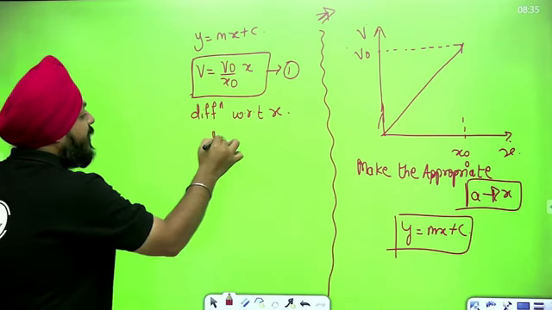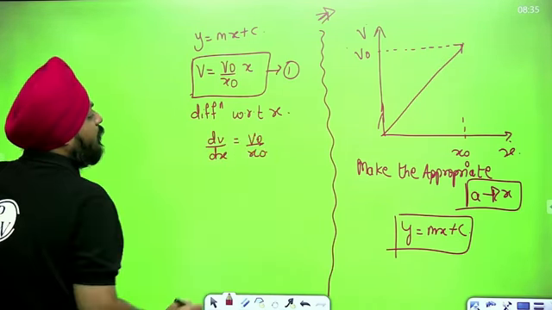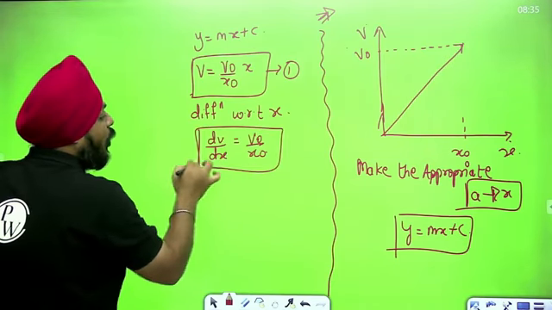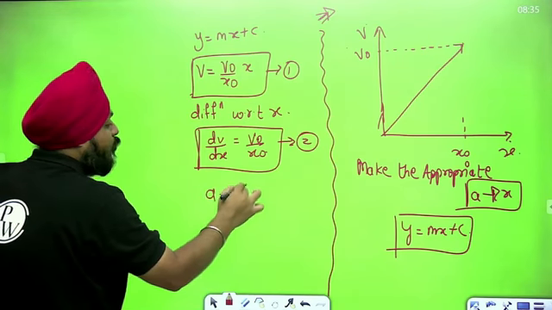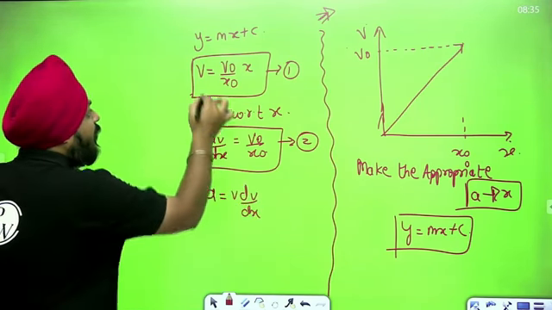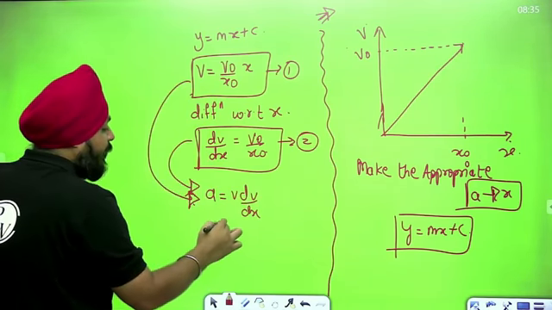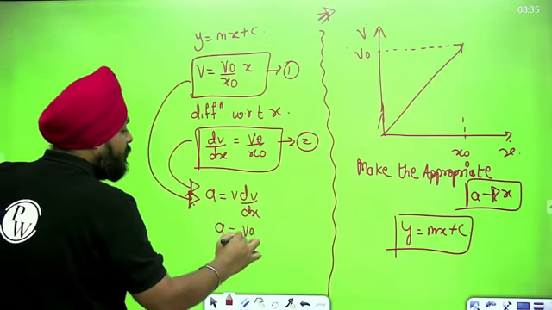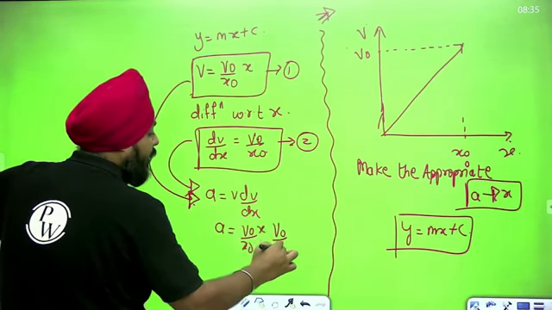So dv by dx is equal to v0 by x0. This is not acceleration. Consider this equation number 2. Acceleration is a is equal to v dv by dx. Replacing the formula of v and of dv by dx, you are going to get v0 by x0 into x into v0 by x0.